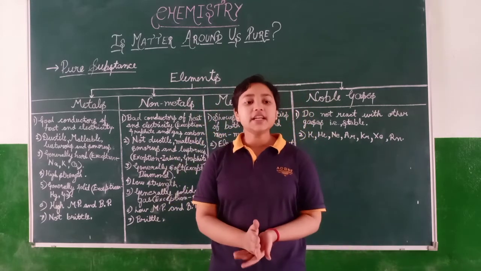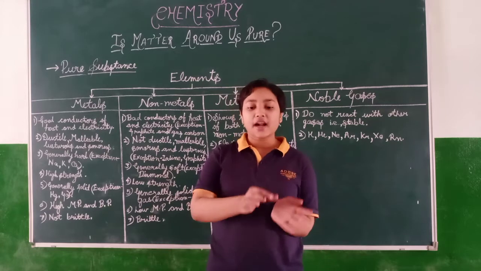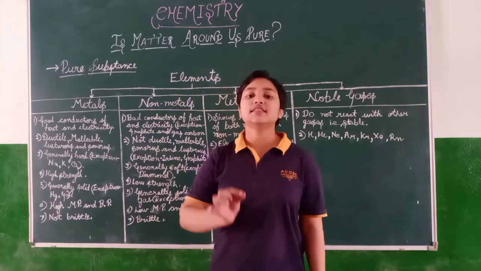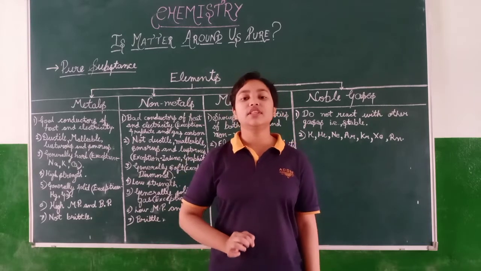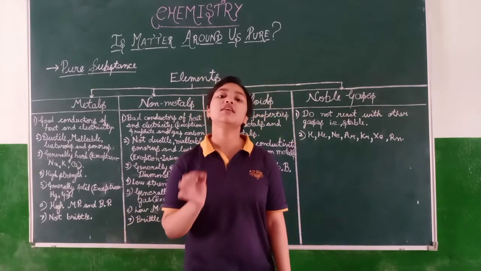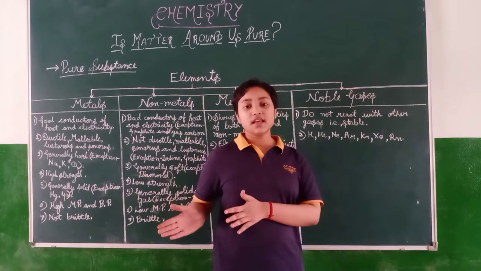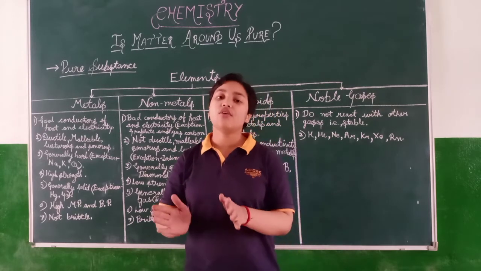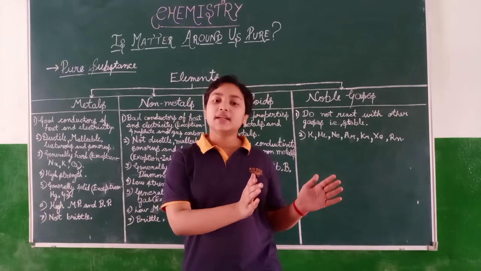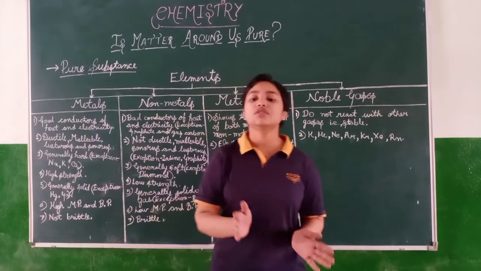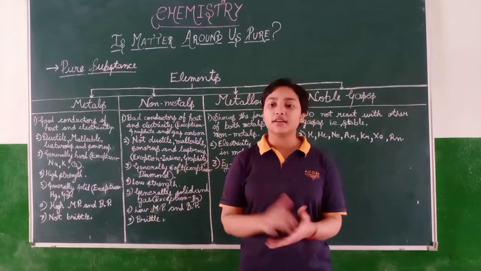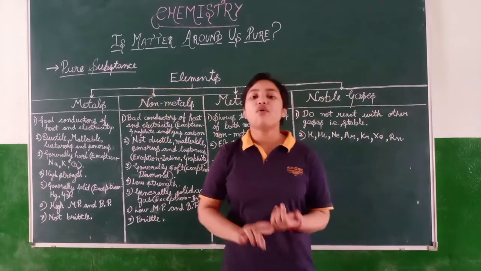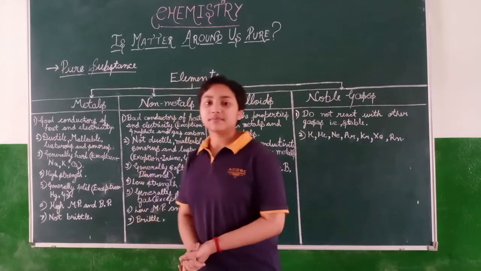If we split it, then the particles which are split out will also be gold. The atoms and the molecules of these separated particles will be gold, and they have the same composition as the original metal which is separated from this big part. So a pure substance is the one which is made up of only one kind of particles.